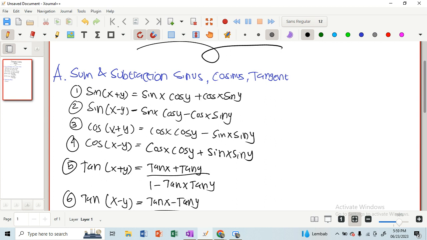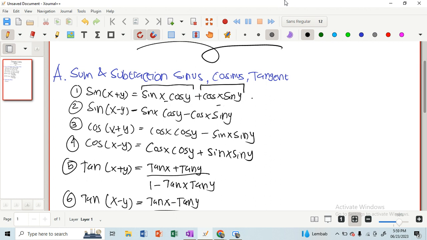So the sine of x plus x, if we expand it, we have sine x cosine x plus cosine x sine x, right? For the double angle formula, these two terms become equal, because they are both sine x times cosine x.